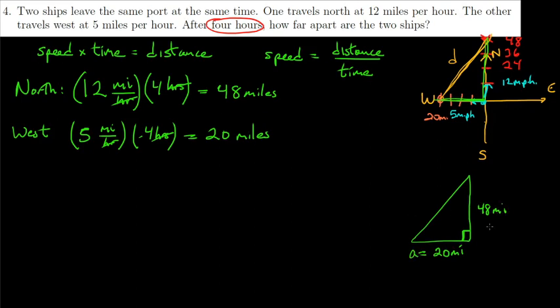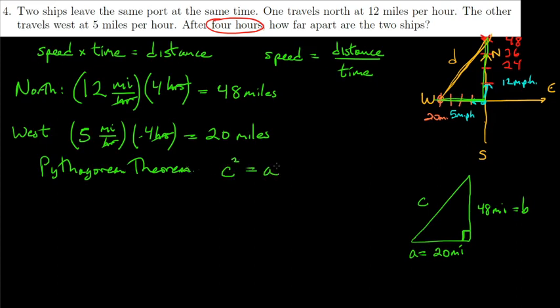So we usually label these A, B, and C, although here I called it D for distance. So we need the Pythagorean theorem here. And this we talked about in previous sections, previous videos quite a lot.